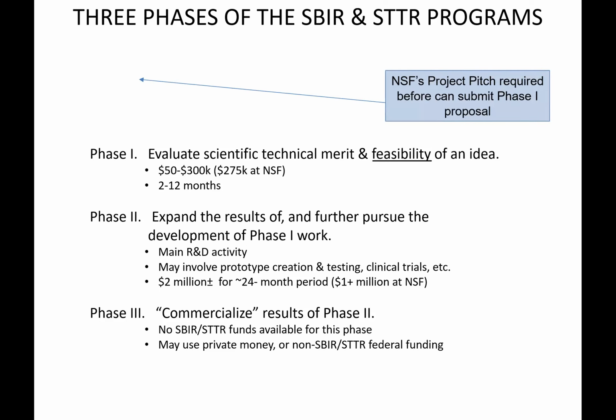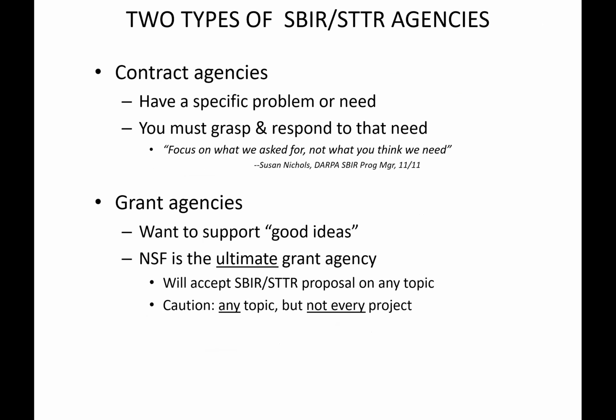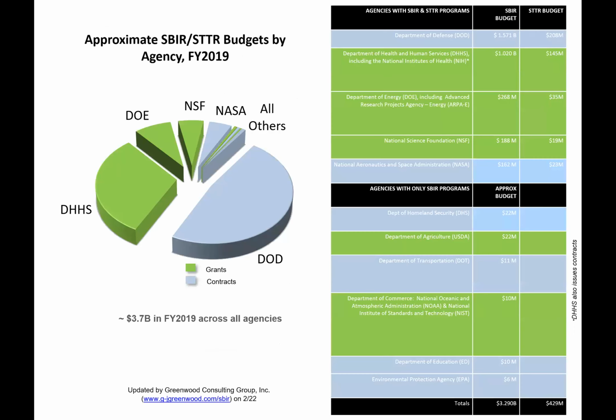And NSF, the project pitch we're focusing on today, comes back here before you do the phase 1. You cannot even submit the proposal for the phase 1 until you've done this pitch. Again, we've talked about contract versus grant, and in terms of who's contract and who's grant, it gives you an idea of where NSF stands in the SBIR world.